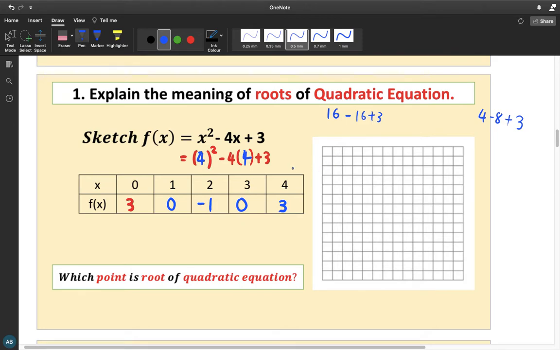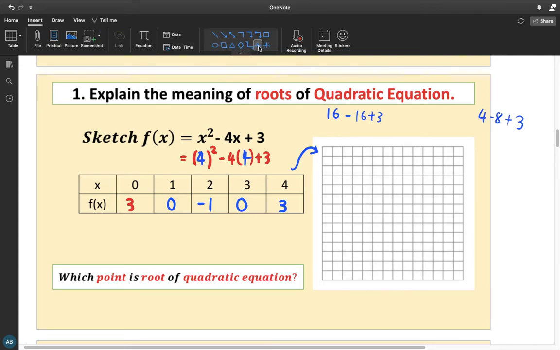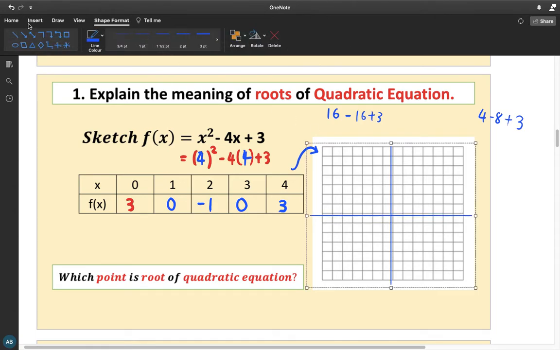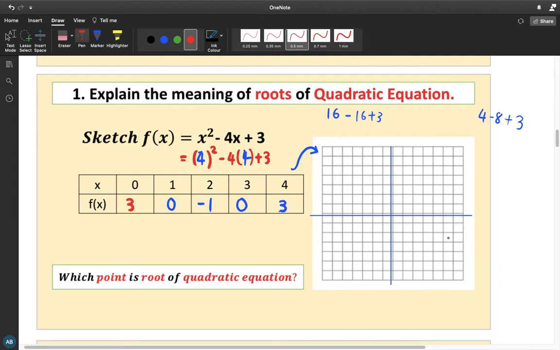And then what next we need to do is plot them right here. Okay, nak plot tu macam mana? Ini kita dah belajar masa PT3 hari tu, walaupun korang tak ada PT3. Okay, so this is my x-intercept and y-intercept. So this is my x, this is my y. Ataupun kalau kat sini kita panggil y tu sebagai f(x).